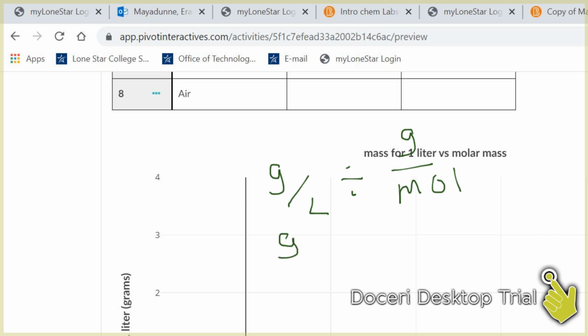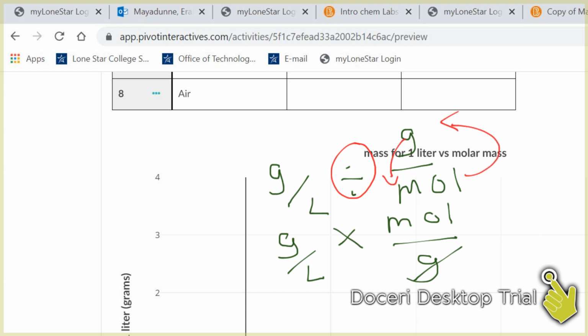In order to get rid of the division, I change the sign of the division to multiplication, and I have to switch the second fraction: moles goes up, grams go down. And then I end up with this one.